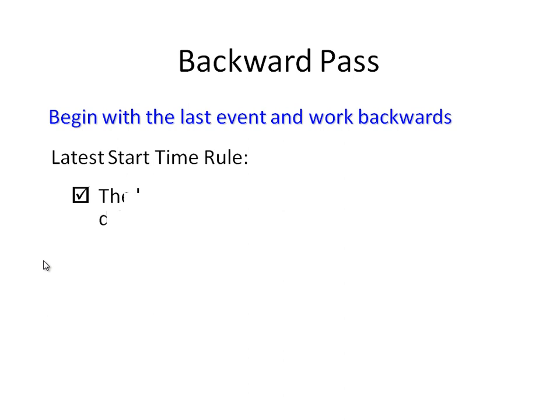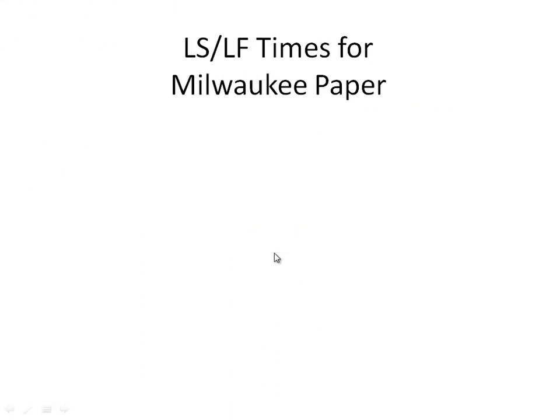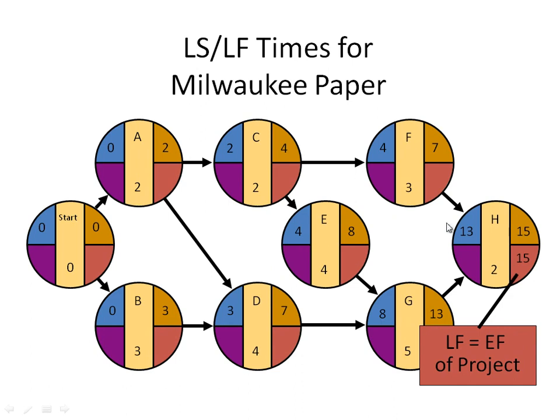Now we are going in reverse and we need to learn how we can calculate that. The latest start time of an activity is the difference of its latest finish time and its activity time, or duration. So let's start going back with the example of the Milwaukee paper.